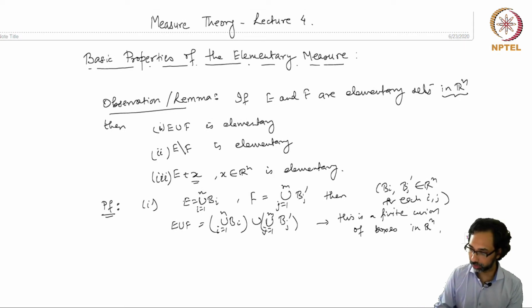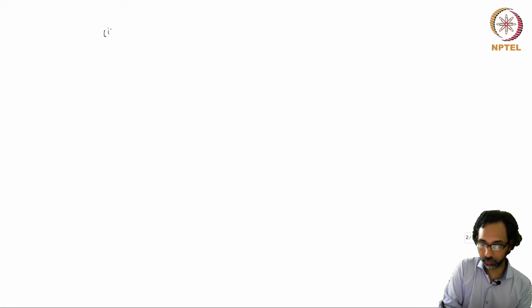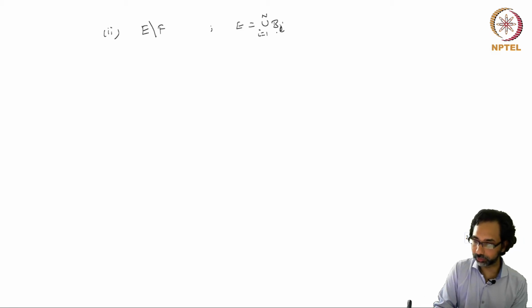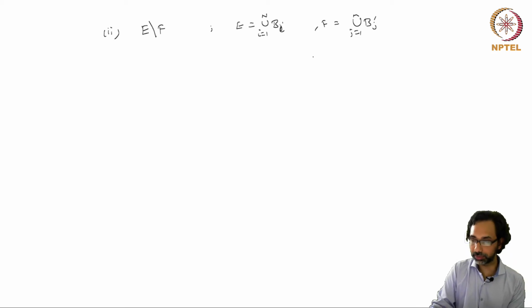Now let's come to the second one, E set minus F. So now let us again assume that E is a union of Bi's, i equal to 1 to n, and F is a union j equal to 1 to m of Bj primes. So again Bi's and Bj primes are boxes in Rn.